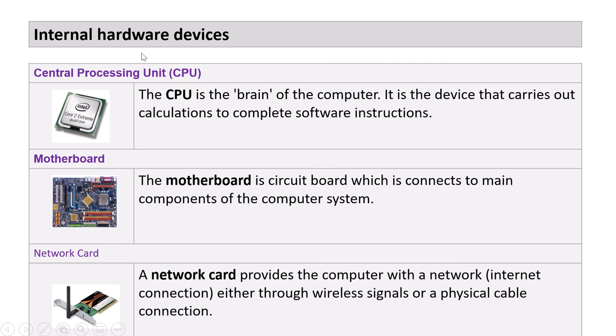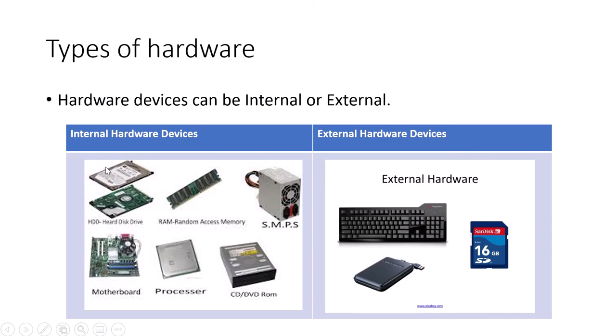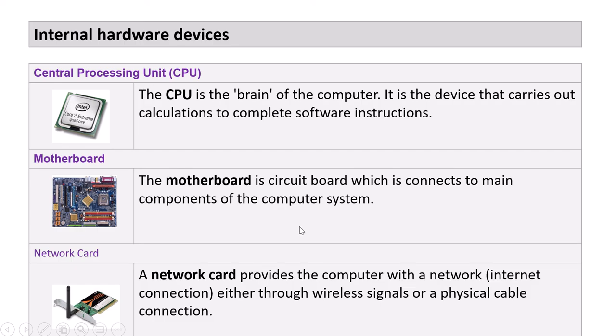Some examples of internal hardware devices are the CPU. It is the brain of the computer and it's the device that carries out all the calculations that need to be done. The motherboard, we already saw the motherboard here as well. It is the circuit board to which all the other components are connected. The network card is the card which provides your computer with network.